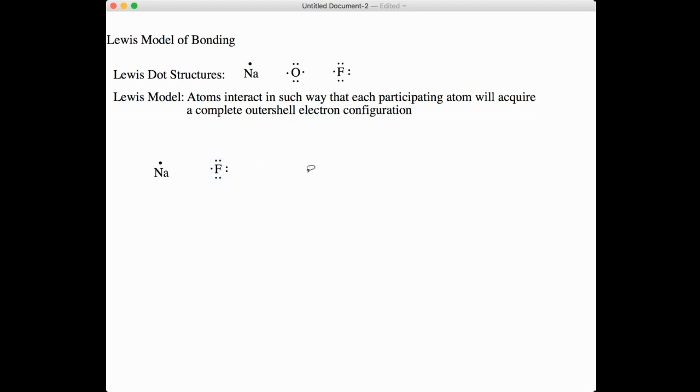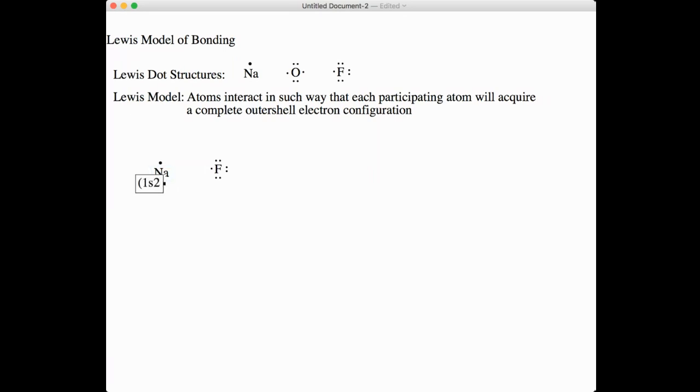So if we bring these two together, what I'm going to do also, guys, is show you here the electron configuration. The atomic number of sodium is 11. So let's do the electron configuration of sodium.